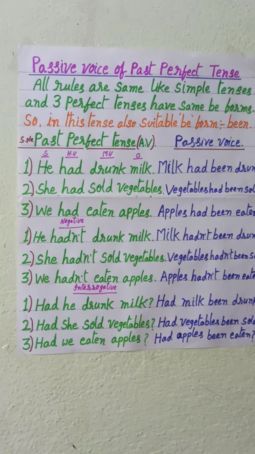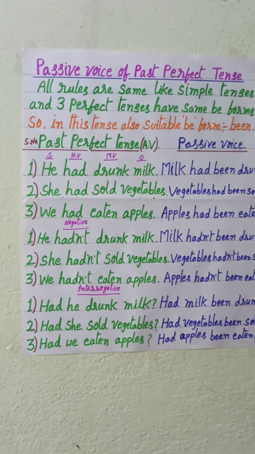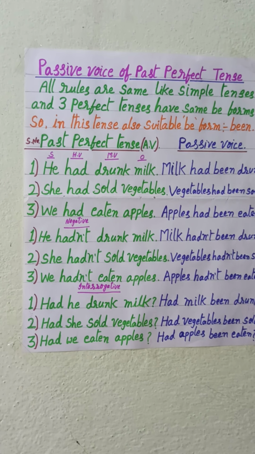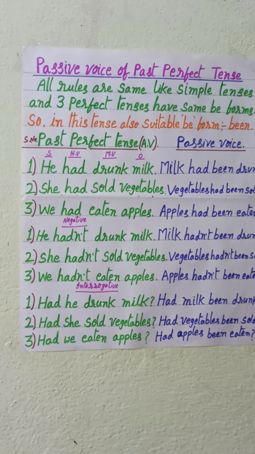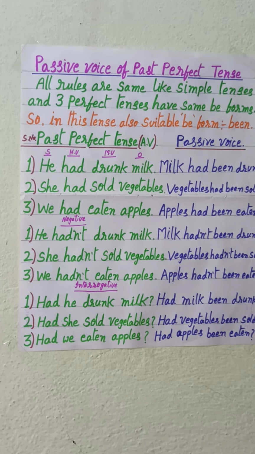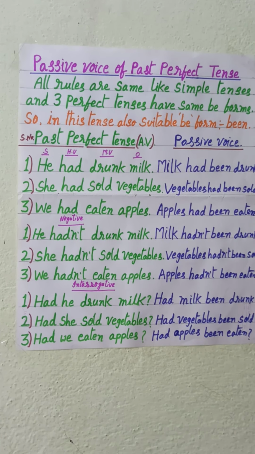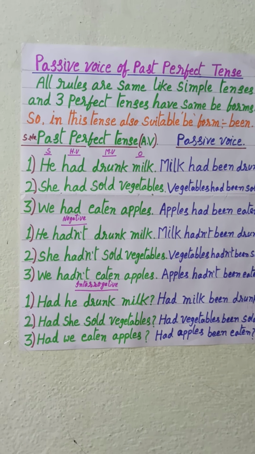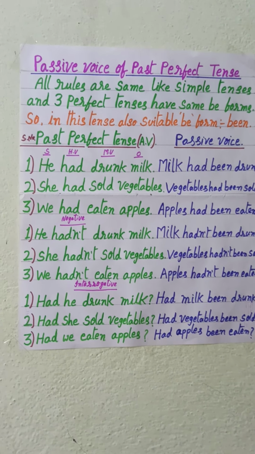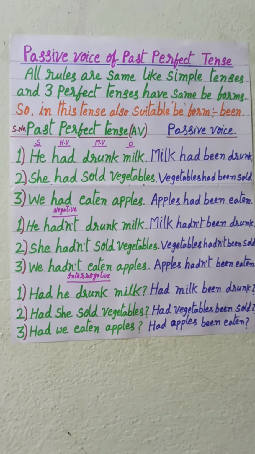First sentence, he had drank milk before he took breakfast. Here he took breakfast is simple past tense and he had drank milk is past perfect tense.